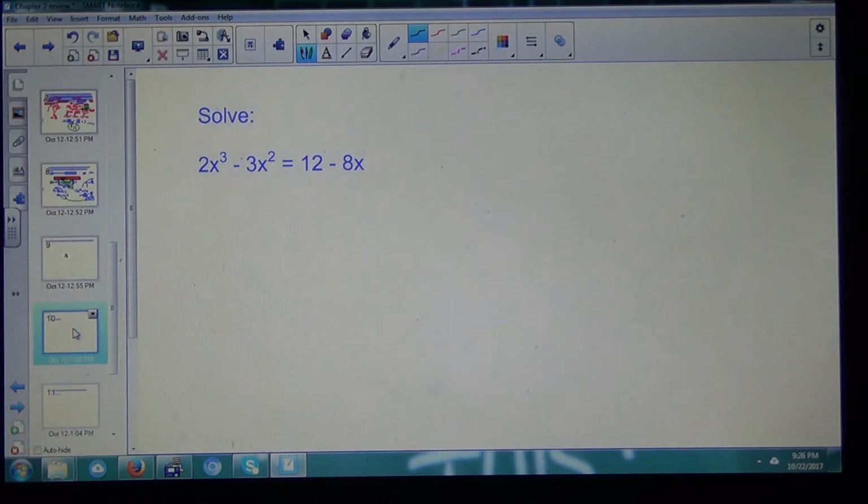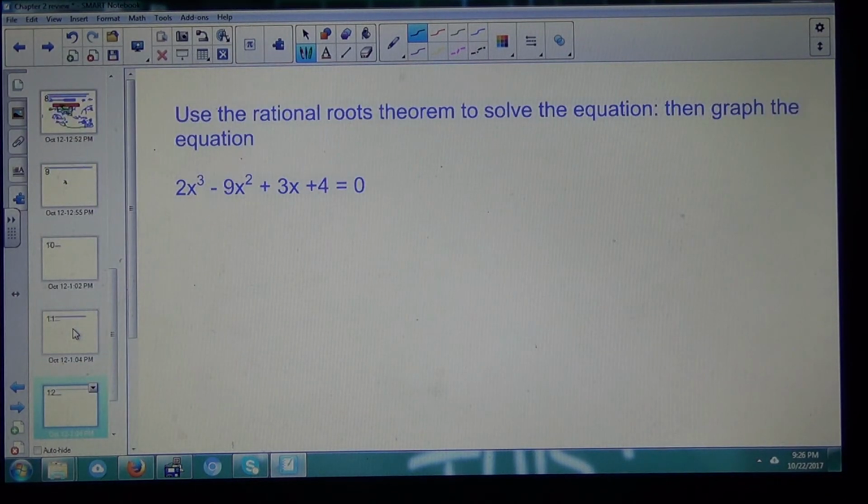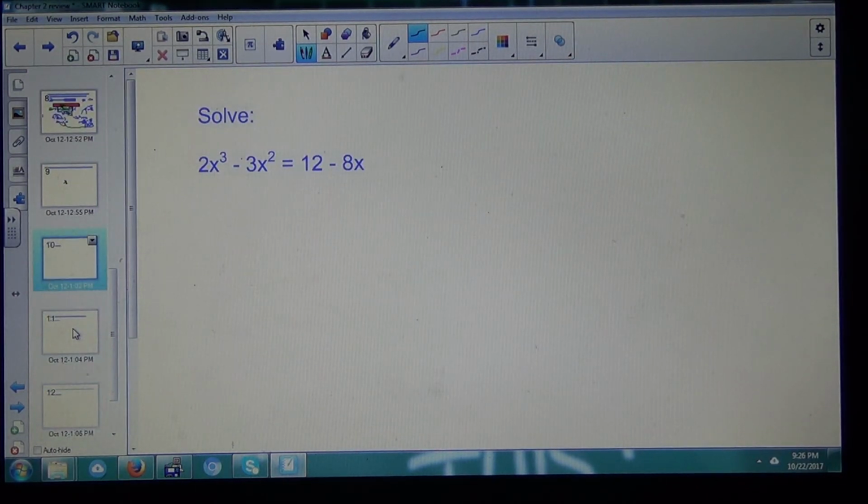All right, we got 3 problems left. Okay, so solve. First thing whenever it says solve, what's the first thing we need to do? Yep, move everything to the same side. So I'd subtract my 12 over, and I would add my 8x over. Okay, and when I do that, I now have 2x cubed minus 3x squared.